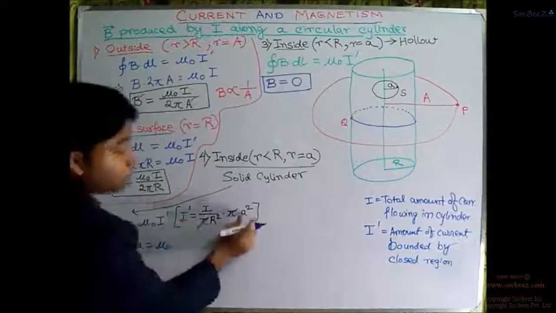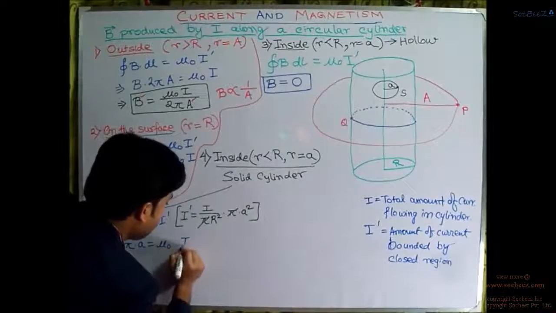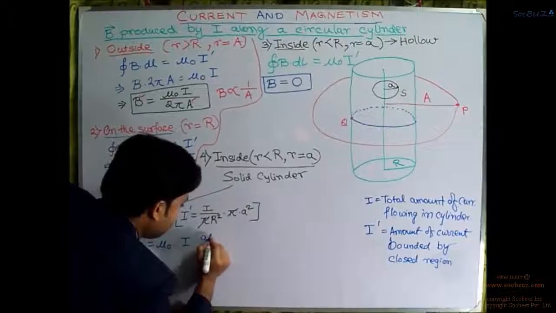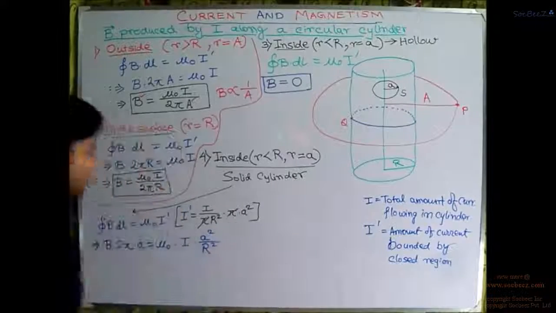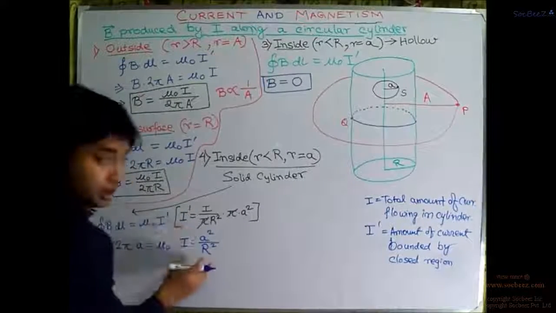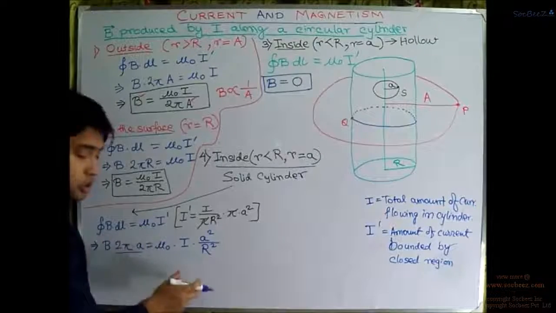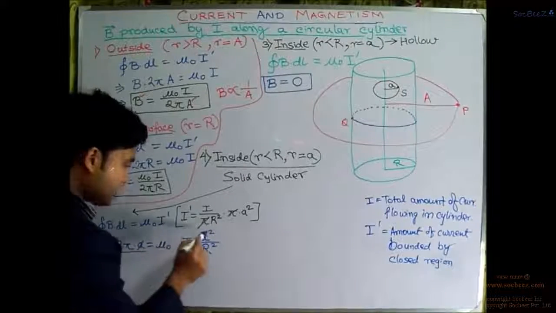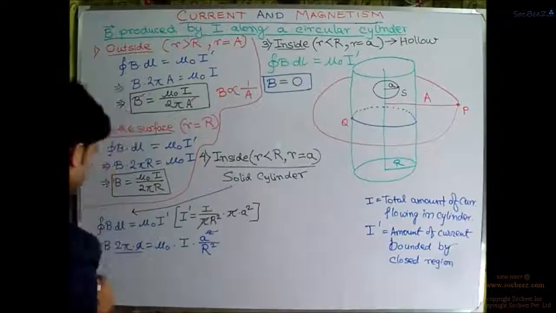This I dash will now be replaced by this value, I multiplied by a square divided by capital R square. Now if we make this term 2 pi a, it will come as the denominator, so this a will cancel out the a square, leaving only a as the numerator.